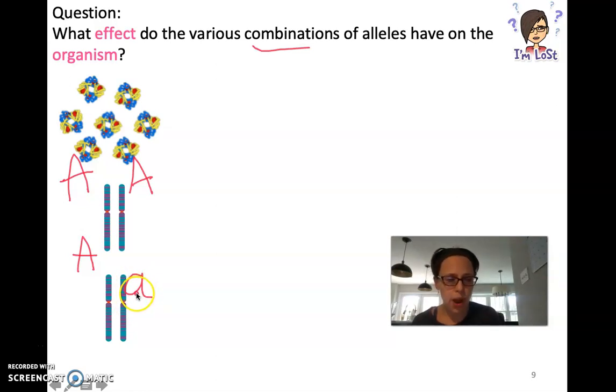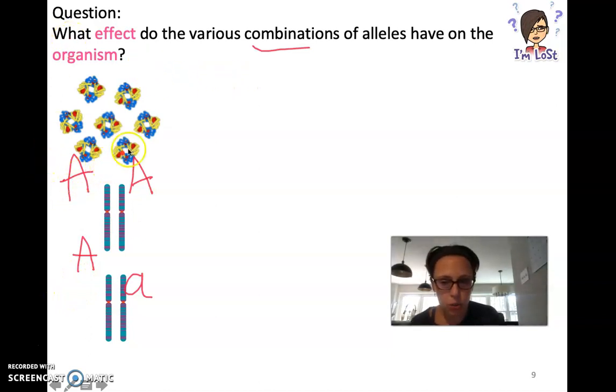Recessive is when this allele seems to have no effect on the organism when they have two different alleles. So look, this is big A, this is little a allele. They are different. When an organism has two different alleles and there appears to be no effect on the organism, that's what we call recessive. So little a is recessive and capital A, big A, is dominant.